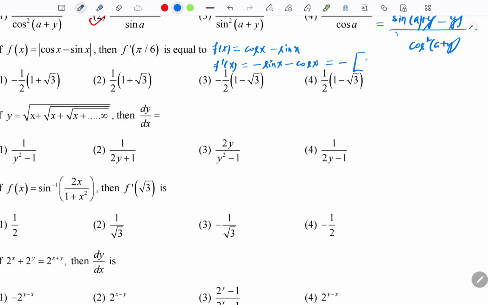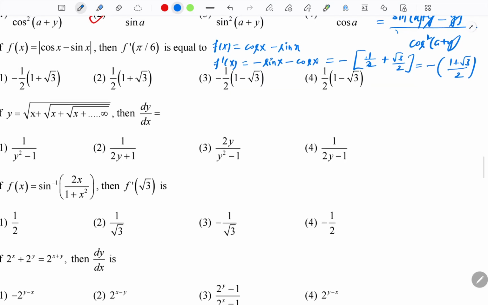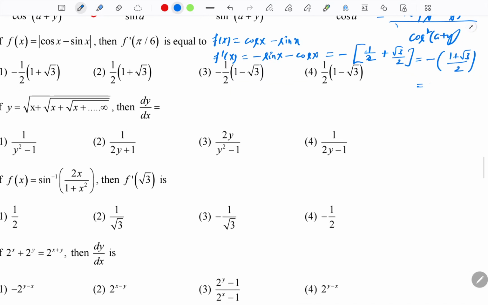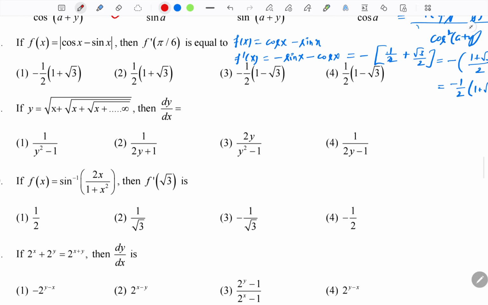It's a half, and plus what is cos pi by 6? Say root 3 by 2. If I take the LCM, minus 1 plus root 3 by 2, and 2 also taken outside, minus 1 by 2 times 1 plus root 3. So which option is correct? It is option number A.